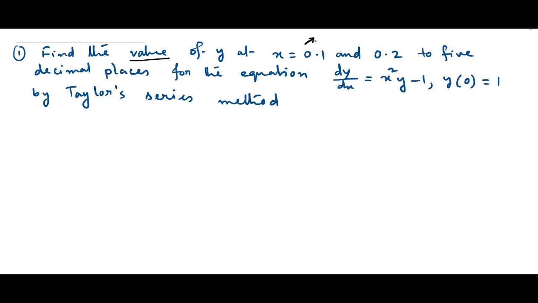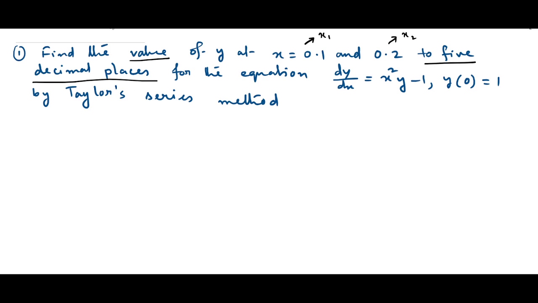So this is what I am talking about, x1, and also at another point, 0.2. So this you can also write as x2. Whatever answer we get, you have to take up to 5 decimal places.